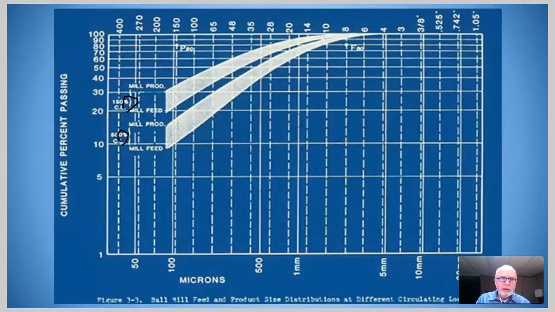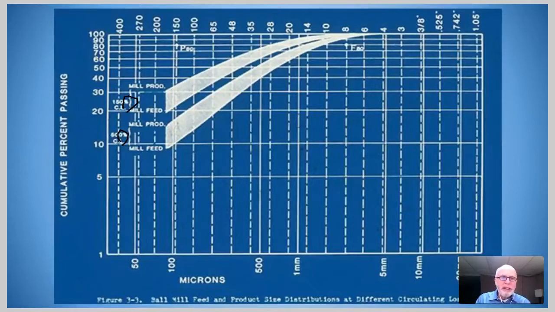It's roughly 25% of the material that is finer than the P80 to the left of the curve, and 75% is to the right of the curve. So in this case, the classification system efficiency is close to 75%. Compared to the bottom set of curves and the contents of the mill with a high circulating load, about 600%, the overall size distributions entering and discharging the mill are about 85% coarser than the P80 and 15% finer.